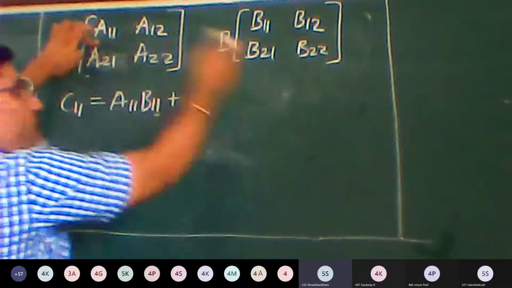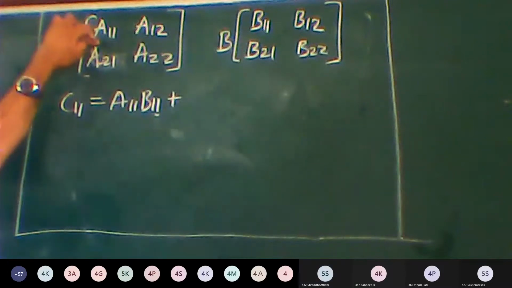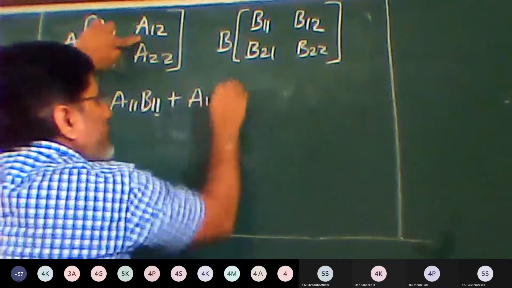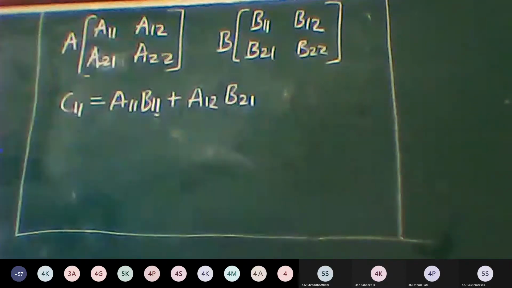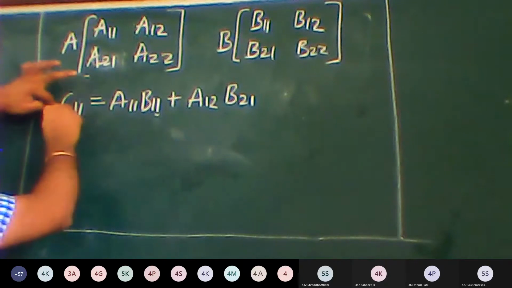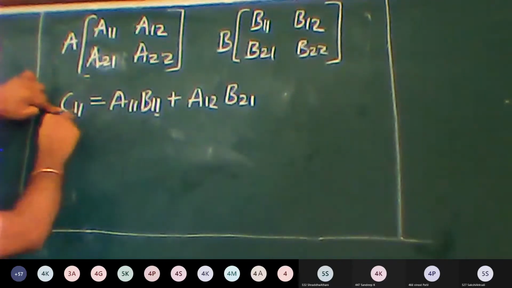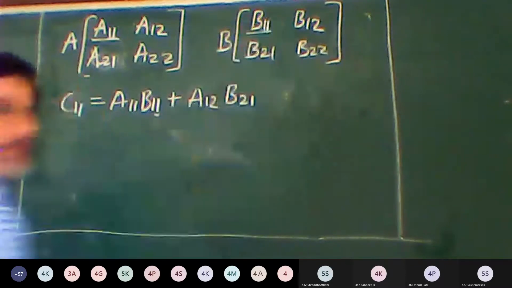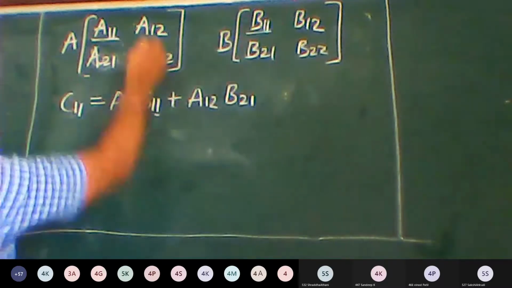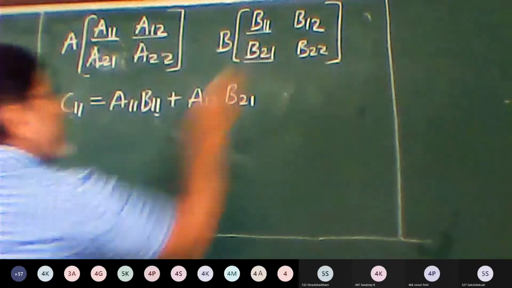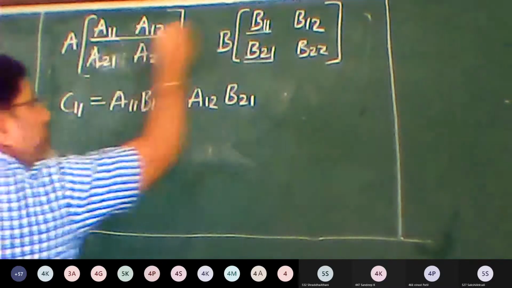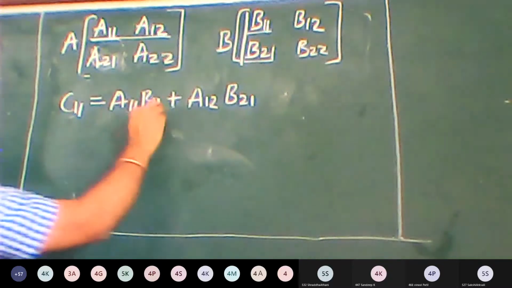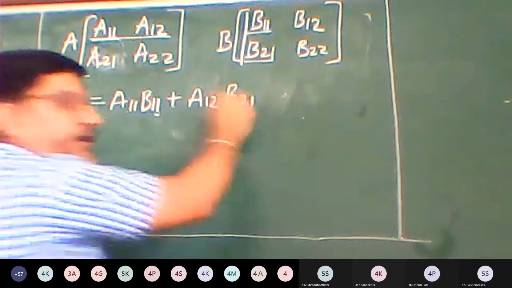No, not A11 into B21, it is A12 into B21, right? Look here. The first element of C, that is C11, is nothing but A11 into B11 plus A12 into B21. That is nothing but the first row and then first column has to be taken.